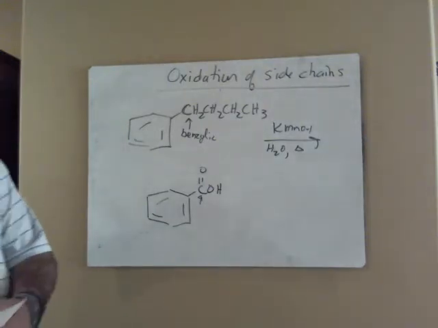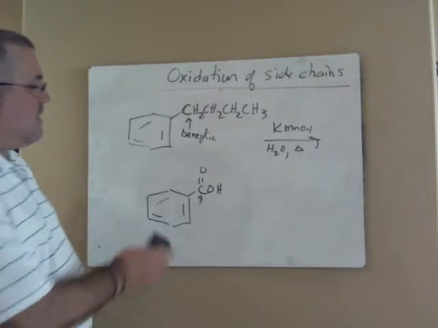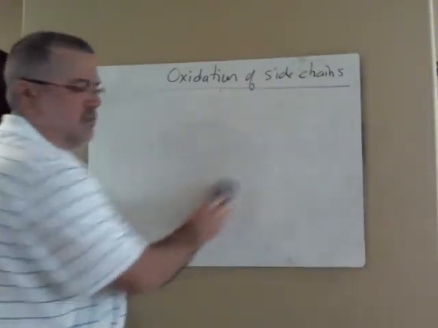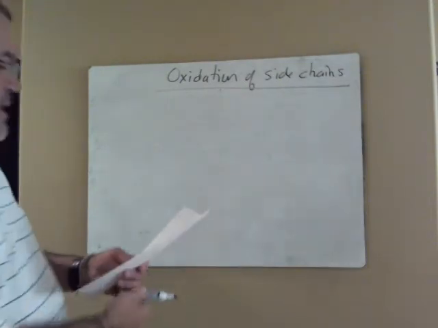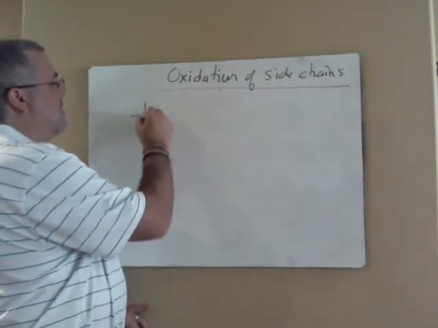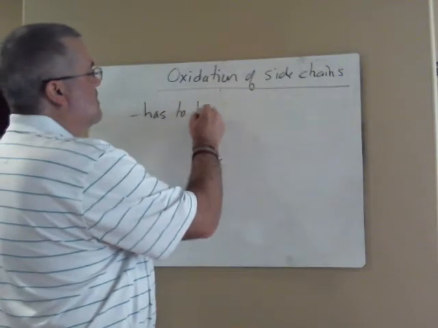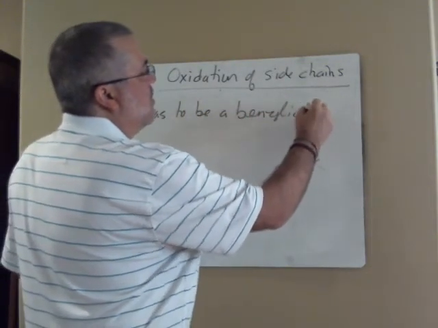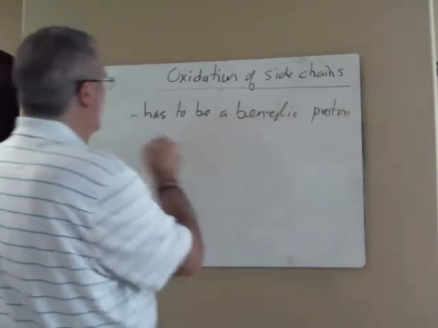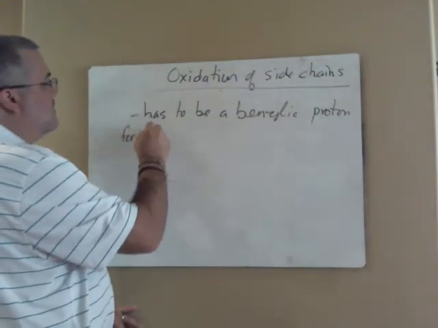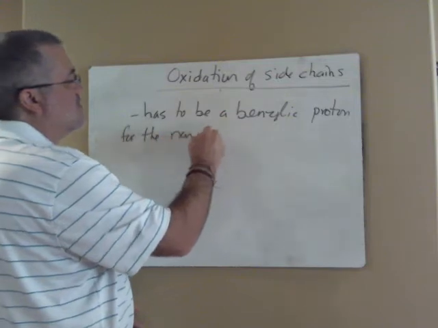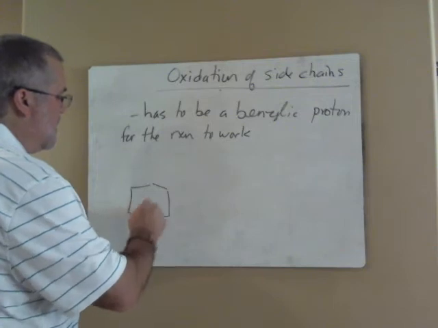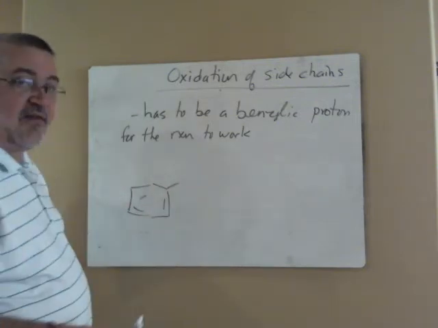Okay? Now, mechanistically, it's not really completely understood what's happening here, but what is known is that there has to be a benzylic proton for the reaction to work. So that means on that benzylic carbon, you have to actually have a hydrogen.